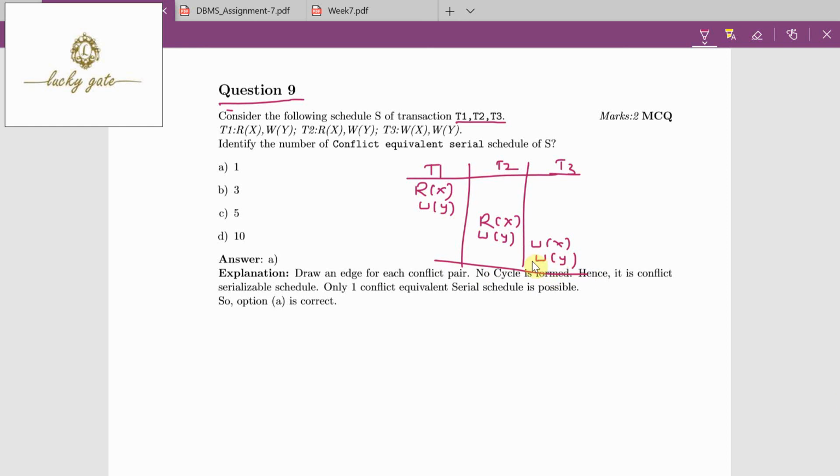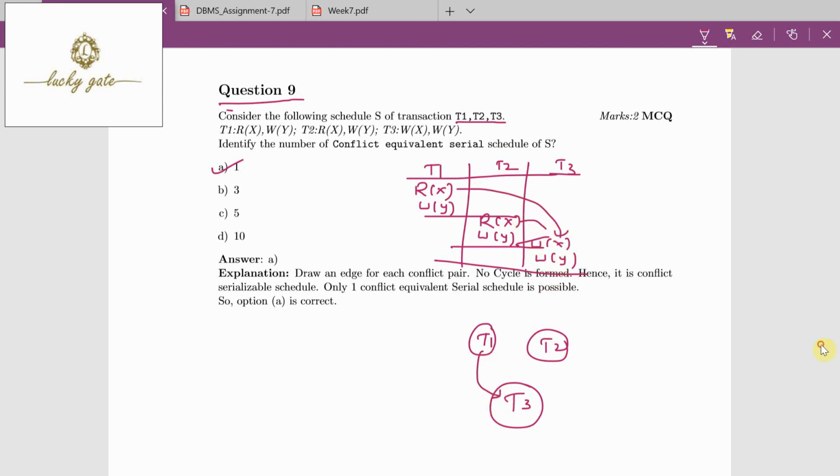These are the order. But observe friends, here it is given in serial order, right? Because it is given in serial order, the number of conflict equivalent schedules possible is equal to 1. And in another way, if we draw a precedence graph for the given schedule T1, T2, T3, here you observe read X conflicts with write X. This is a conflict from 1 to 3.